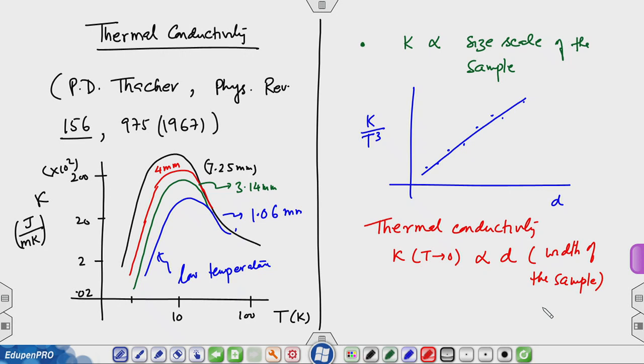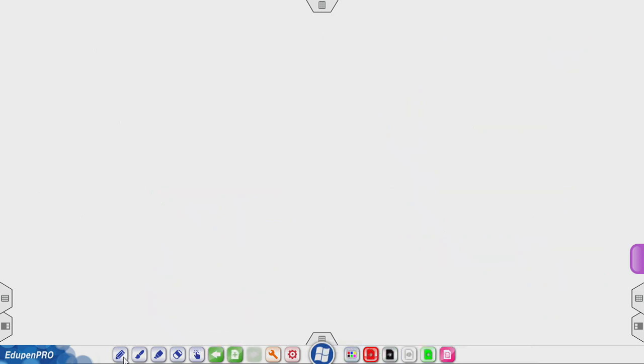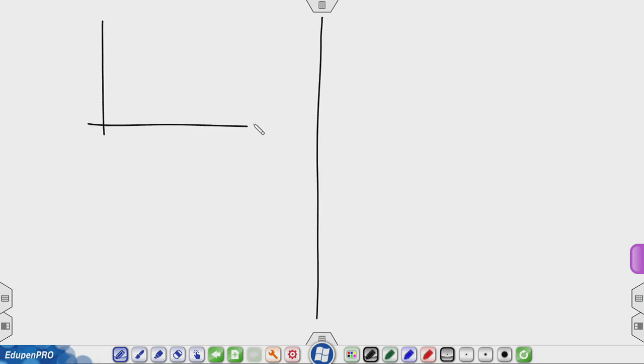Other thing is this line is straight. So, let me go to the next slide and I will just show one of the curves. If I look at this curve, this is kappa versus T, this line out here is straight and then it goes like this.